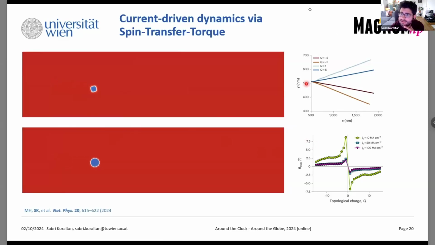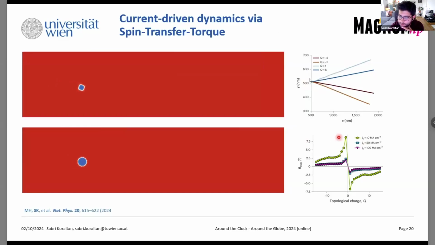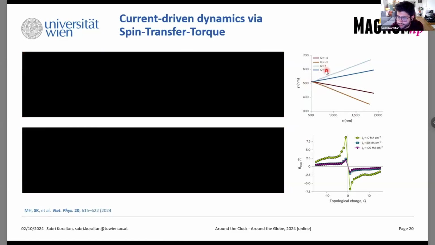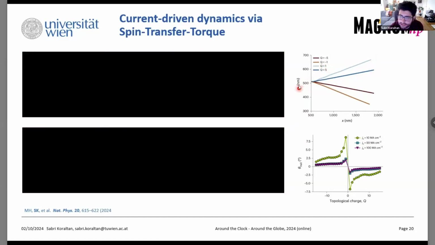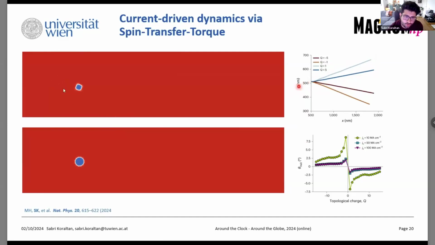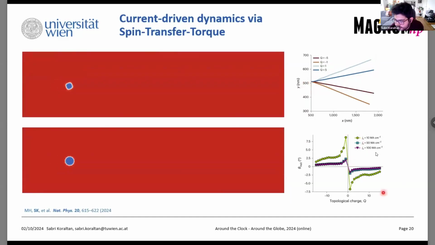And what we found out is that if you increase the topological charge, so you go from 1 to 5, then the Skyrmion Hall angle decreases significantly. So for these types of applications, for the Skyrmion racetrack memory, for example, it's important that the Skyrmions move in a straight line. They could be promising there, but of course the entire concept has its flaws.